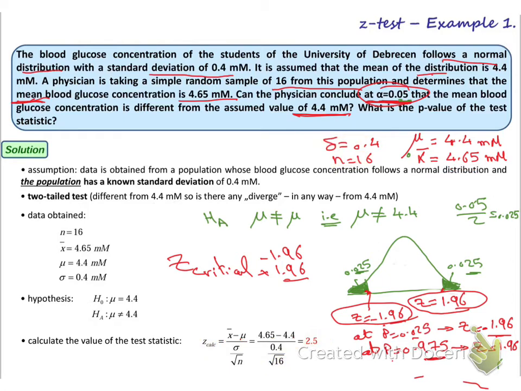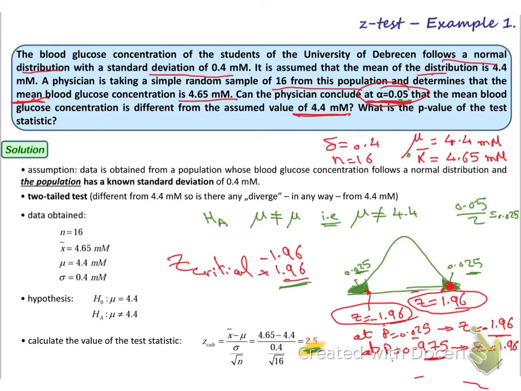So now I have Z calculated equal to 2.5, which is greater than the 1.96 which I have. So it has already entered the rejection zone. If it has entered the rejection zone, this means that the H naught will be rejected.